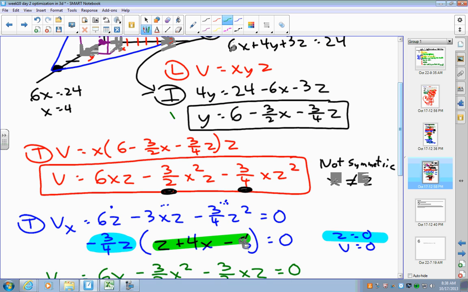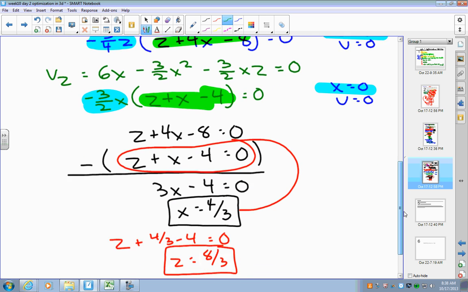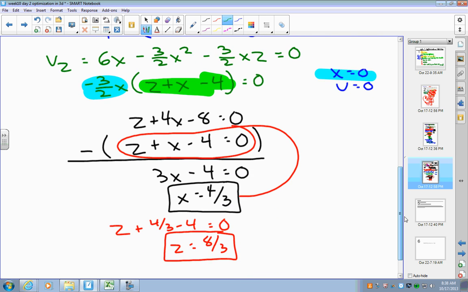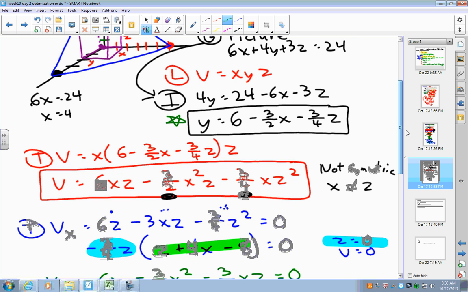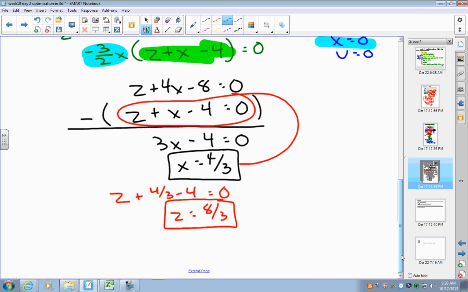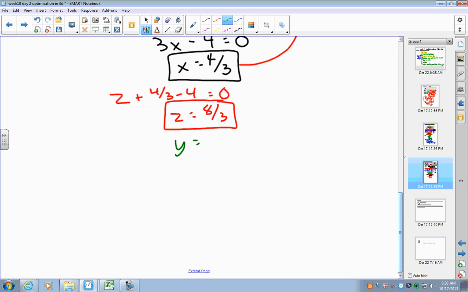On that one again, y equals 6 minus 3/2 x minus 3/4 z. So I already know again who x is and who z is. So I'm going to plug that right into there, and I can get who y is. And do that. Y equals 2.